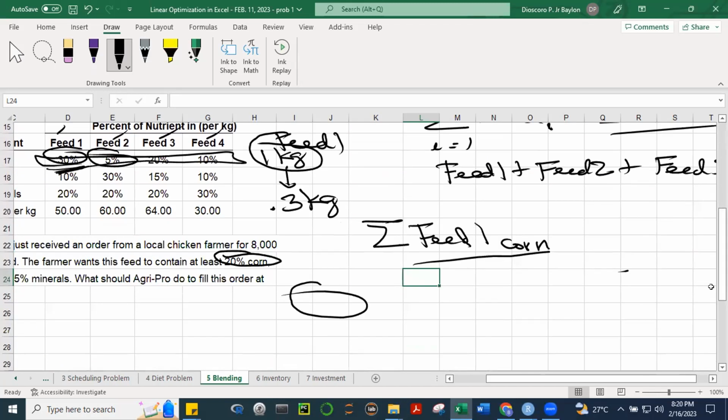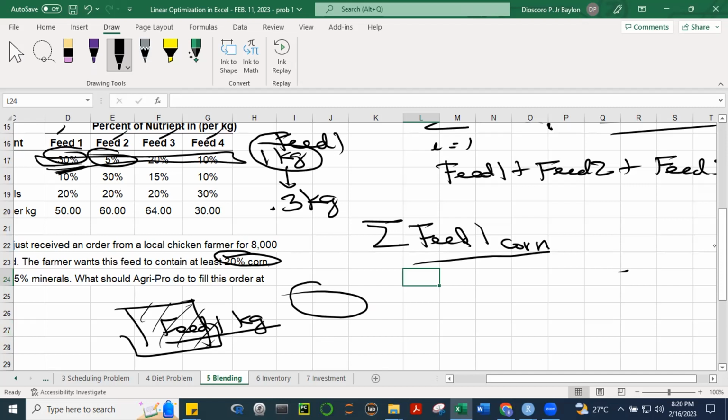All right? So we will be using feed 1 kilos, right? I think I should have used another name, but it's okay. Whatever kilos this is, that remains to be seen. So how many kilograms of corn are we going to generate from this one?